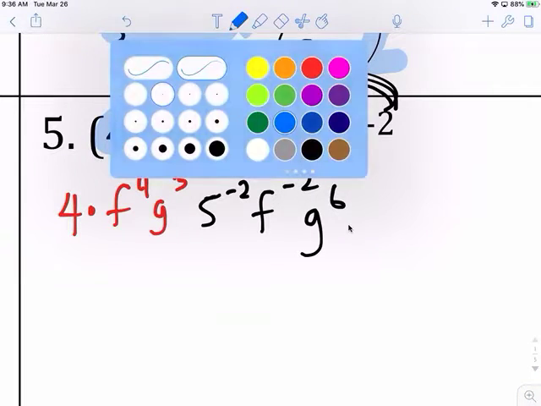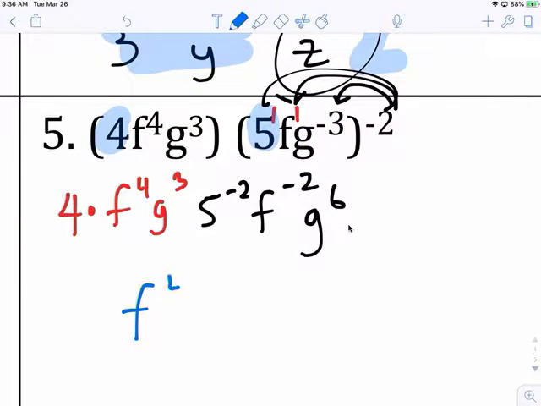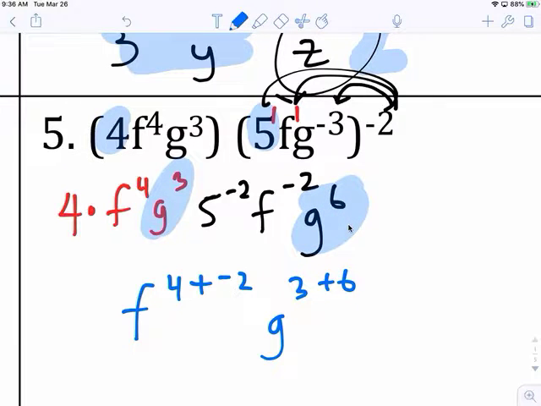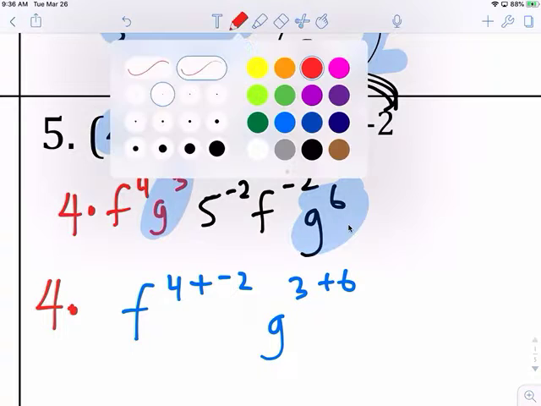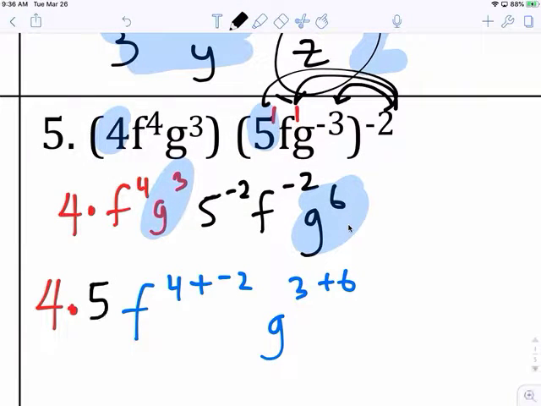So you get f to the 4th plus negative 2, g to the 3rd plus the 6th. And then 4 is different than the 5 to the negative 2. Different base.